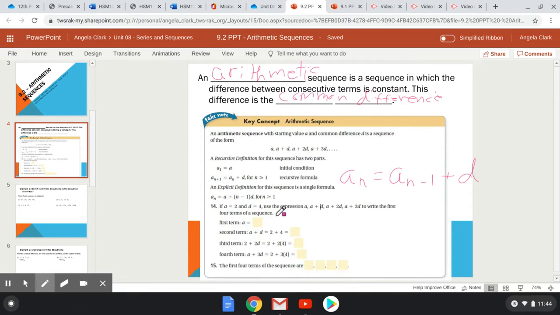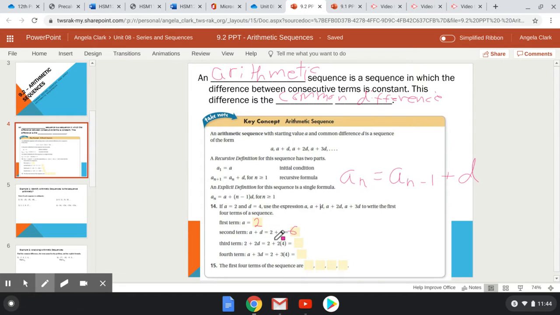Okay, so let's do an example of that. If a is 2 and d is 4, we're going to write the first 4 terms of our sequence. So the first term is just a, so that's 2. The second term is going to be a plus d, so that's 2 plus 4 is 6.